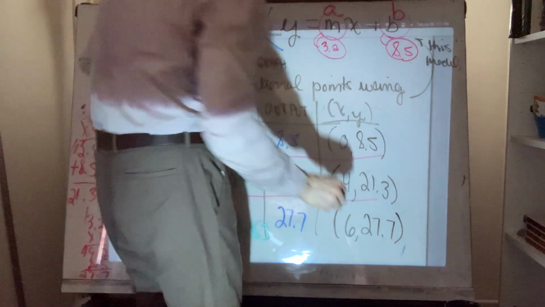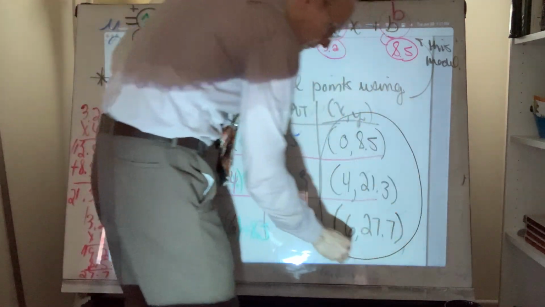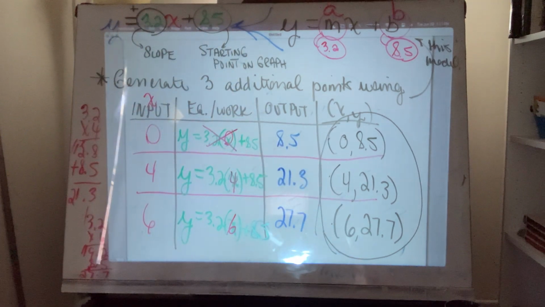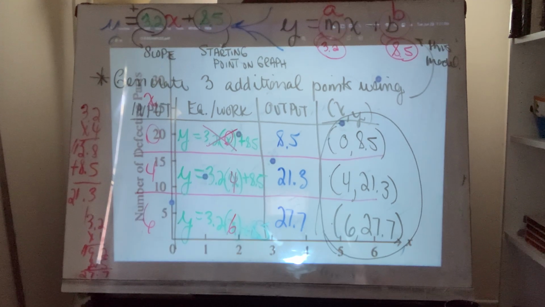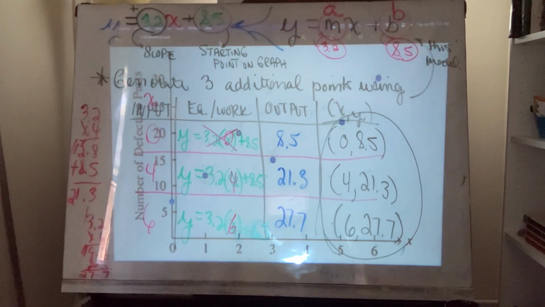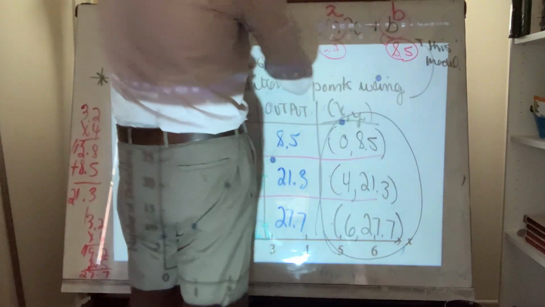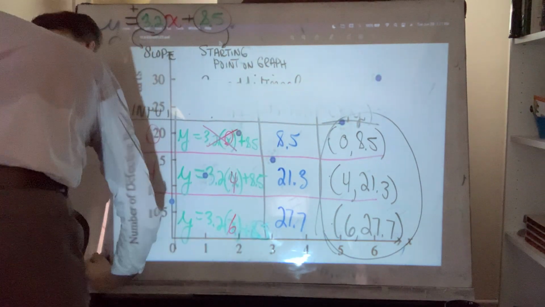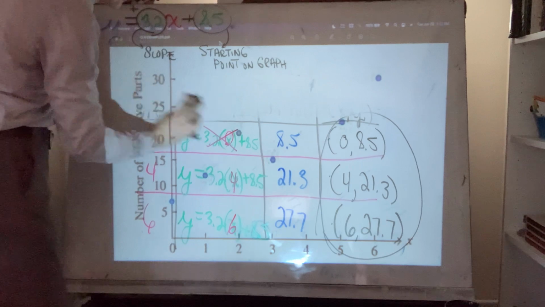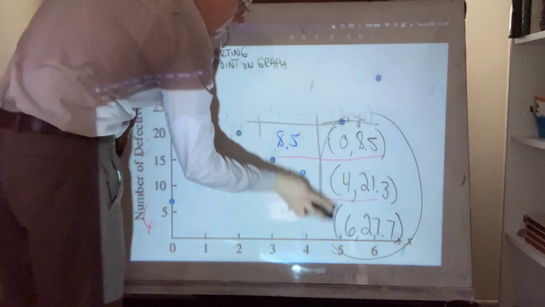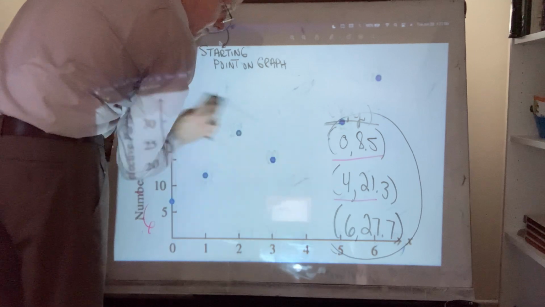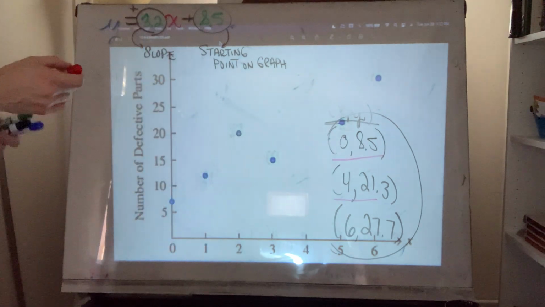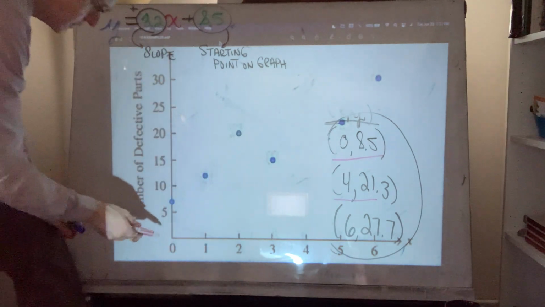Now what I can do is go back to the graph and plot these 3 additional points. So here's the graph as it was. I'm going to have to clean up some gobbledygook here, just to make it less distracting. Here's 0.